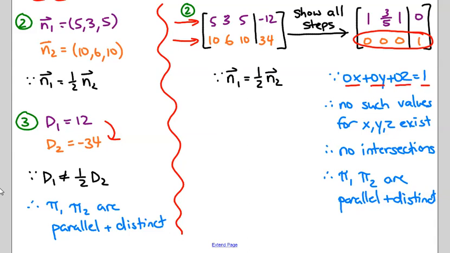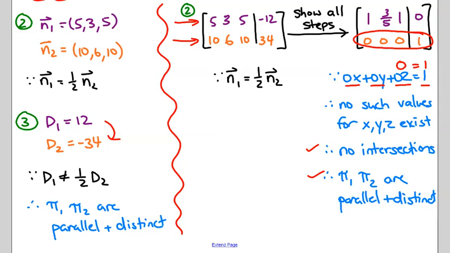That doesn't even make any sense. How can 0 equal 1? Since no possible x, y, and z could ever make that equation equal to 1, that means that there are no intersections. We would say that both of the planes are parallel and they don't touch each other, and so they're distinct from each other.